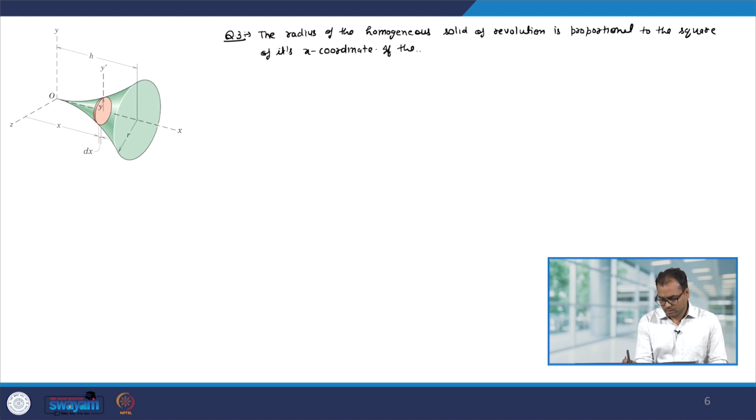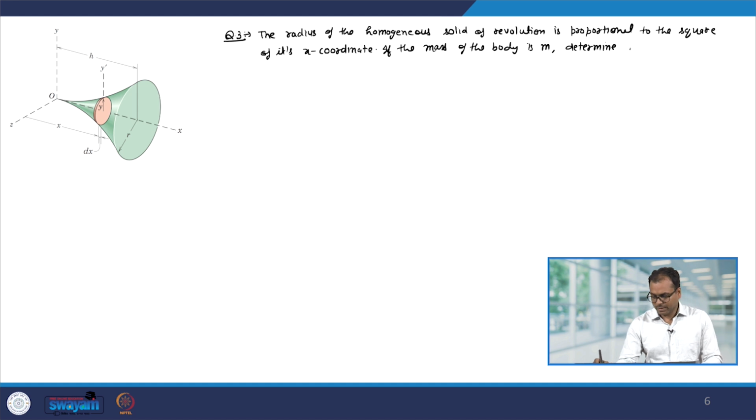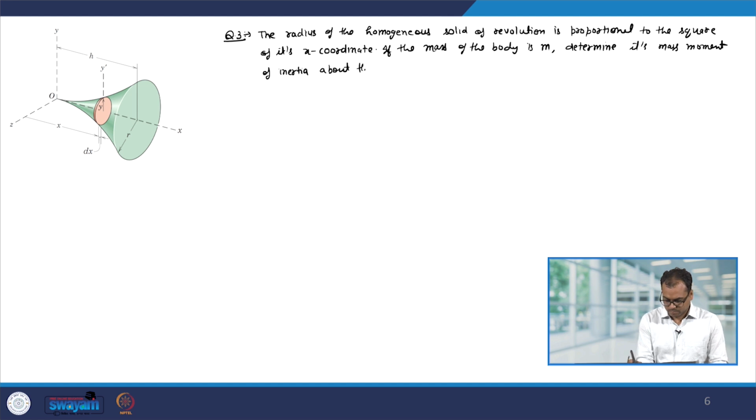If the mass of the body is m, determine its mass moment of inertia about the x and y axis.